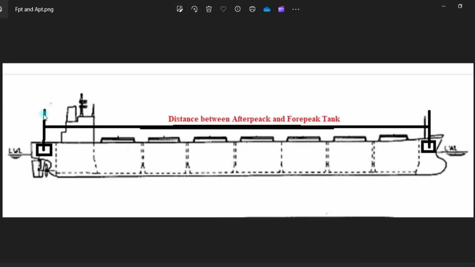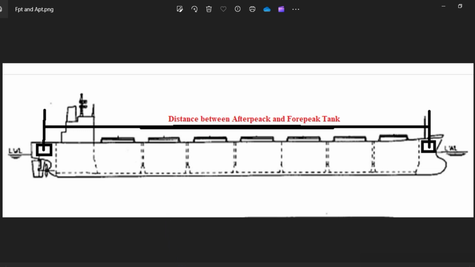So from the middle of the Afterpeak tank and the middle of Forepeak tank, this is the distance between Afterpeak tank and Forepeak tank of LCG. Okay, so this is the total distance from Afterpeak tank to Forepeak tank of LCG.